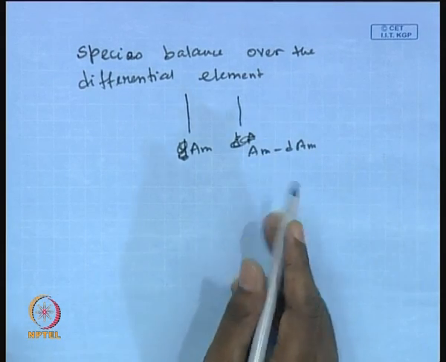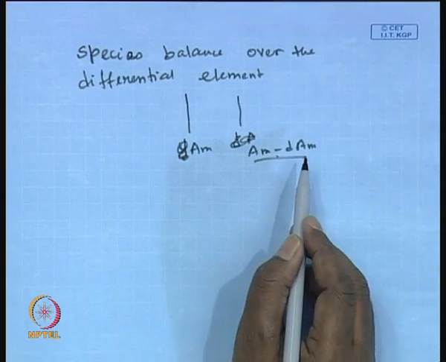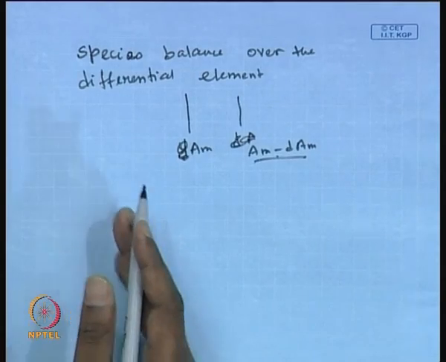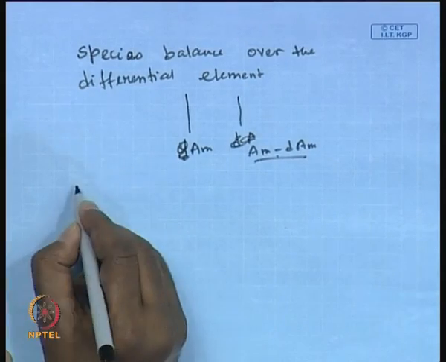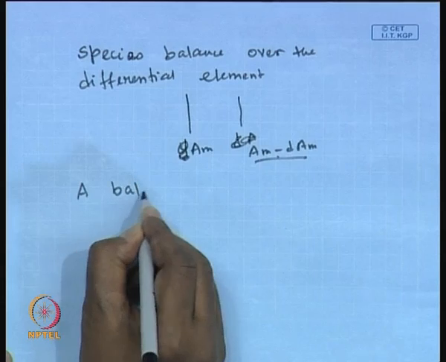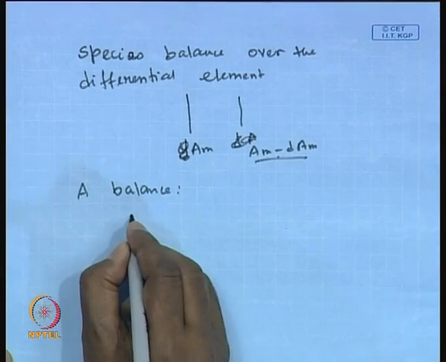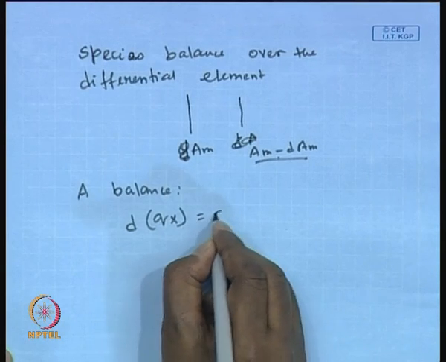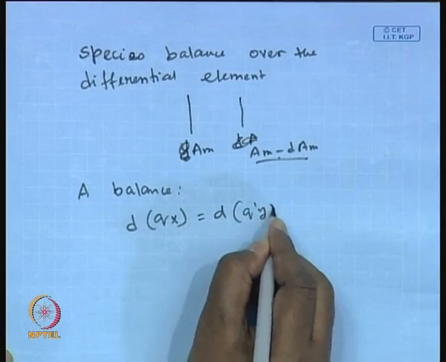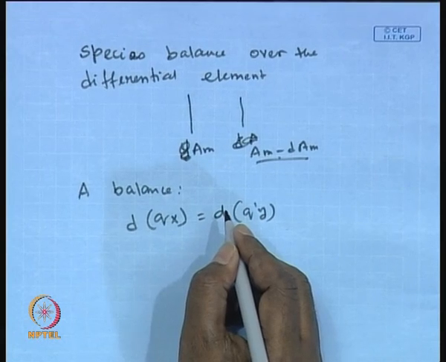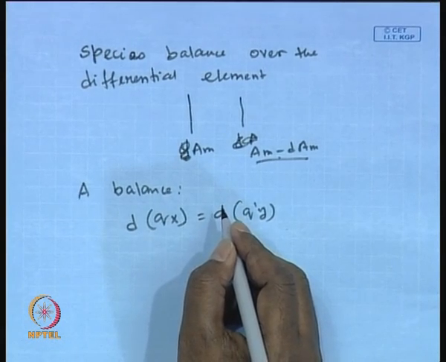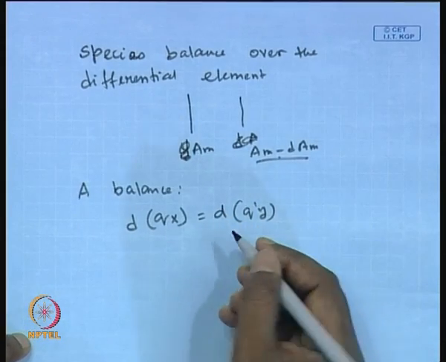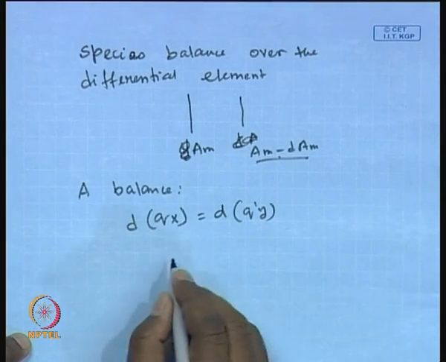In the earlier case, this was located at the exit point. Now, if you do a species balance over the differential element, the A balance will give the following: d of Qx is equal to d of Q prime y. Okay. So, what is the depletion in the feed side, that will be the gain in the permeate side.